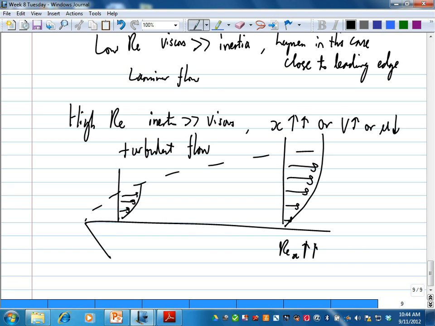When you have disturbance, your inertia dominates, so the viscous glue doesn't hold it together anymore. Once one fella starts going down here, because of continuity, one fella must go up also. So the flow will start to break down into turbulence.